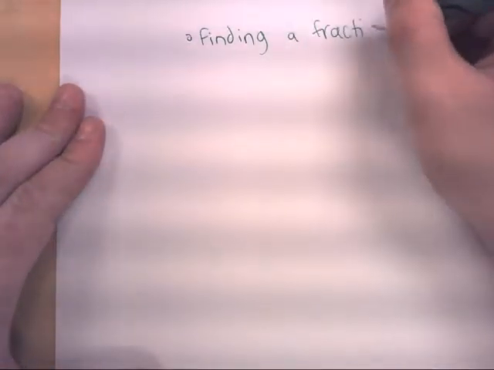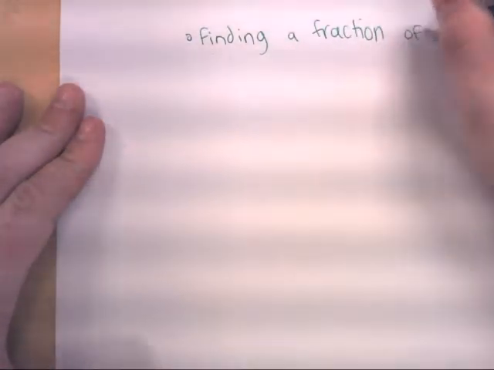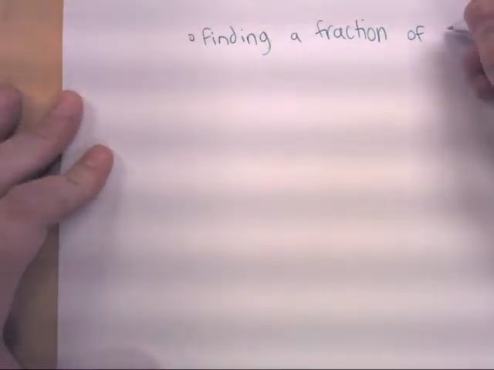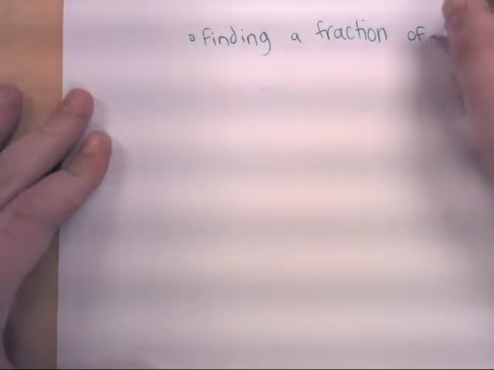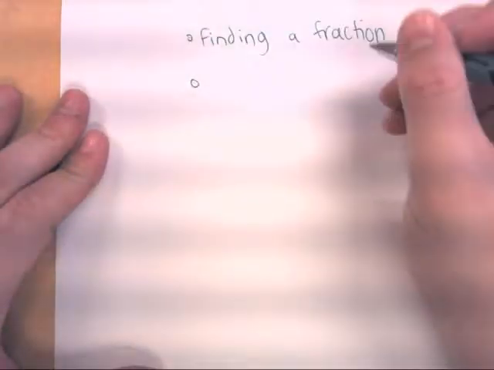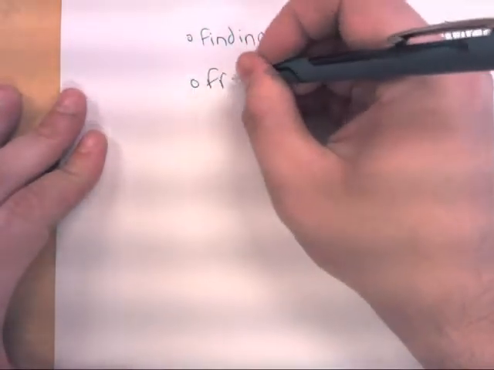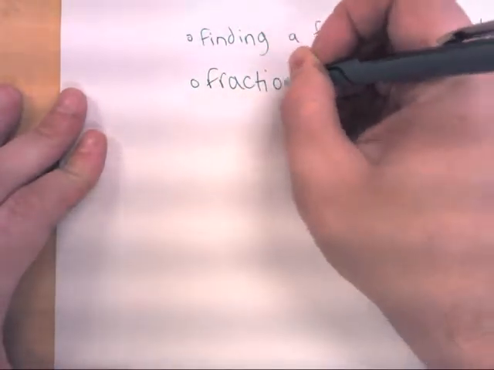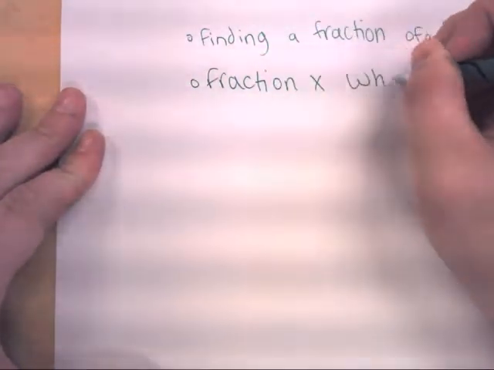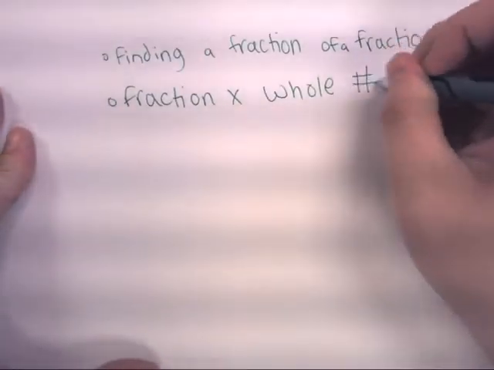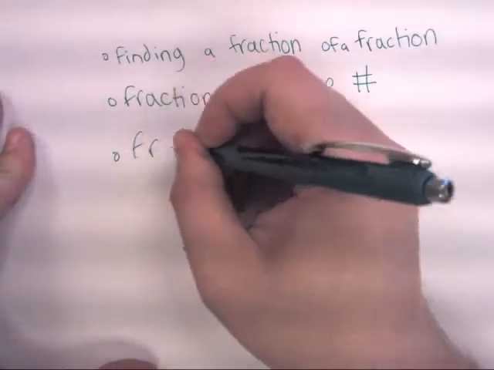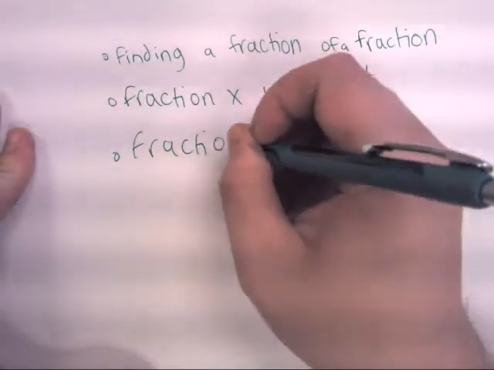Another way of thinking about this is a fraction multiplied by a fraction. Then there's multiplying a fraction by a whole number, and multiplying a fraction by a mixed number.